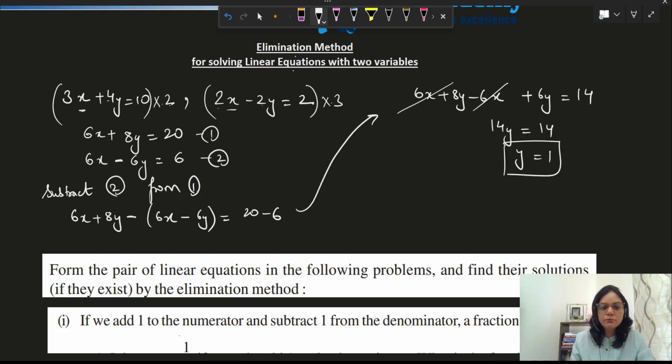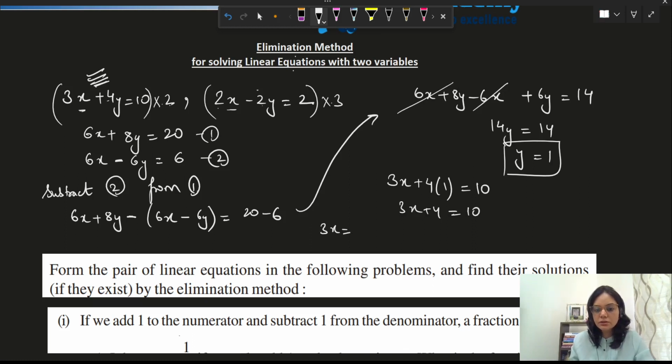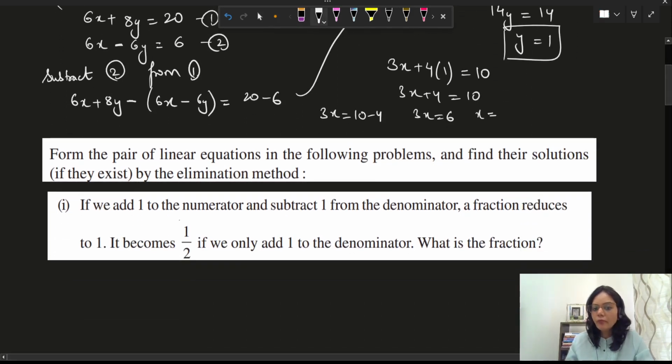Y is 1, you can put it in any of the equations to get the value of x. 3x plus 4 into 1 is 10. I have substituted the value of y in this one. 3x plus 4 is 10. So from here you can say that 3x is equal to 10 minus 4. That's how much then? 3x is 6. So x is equal to 2.